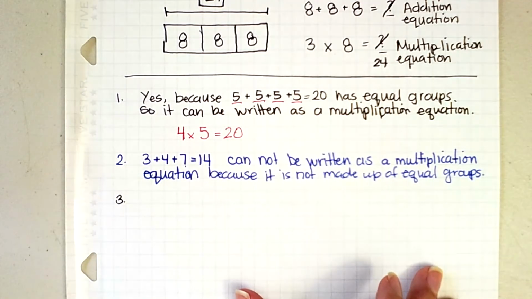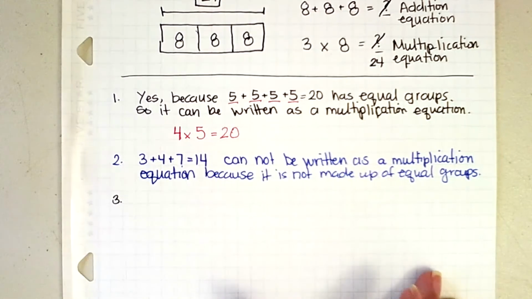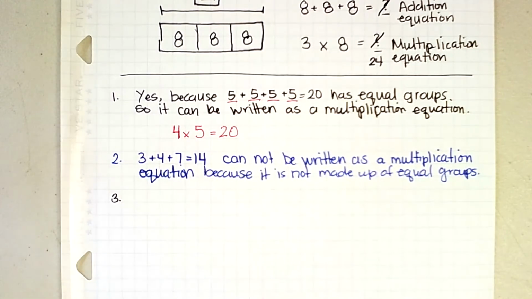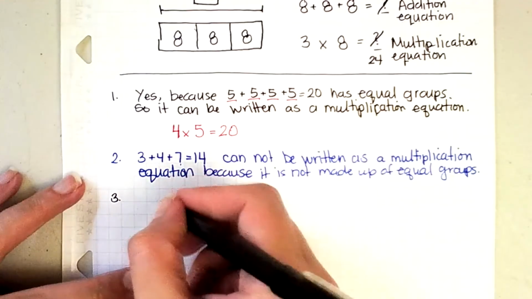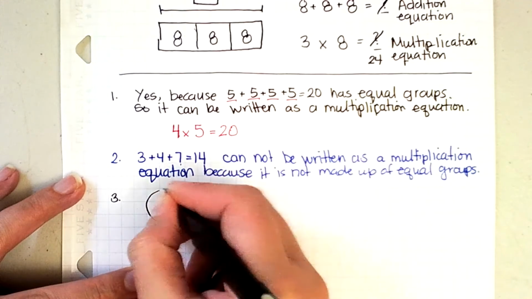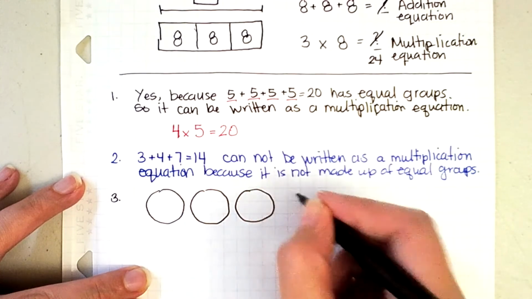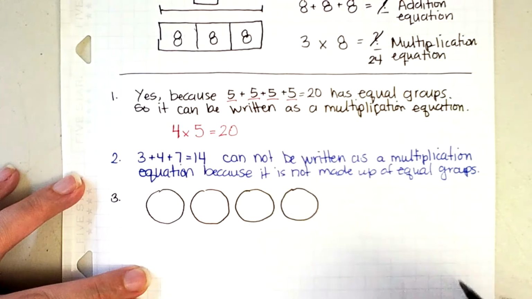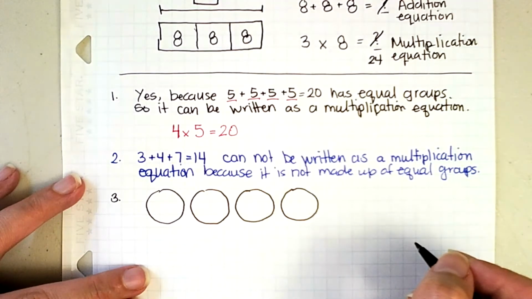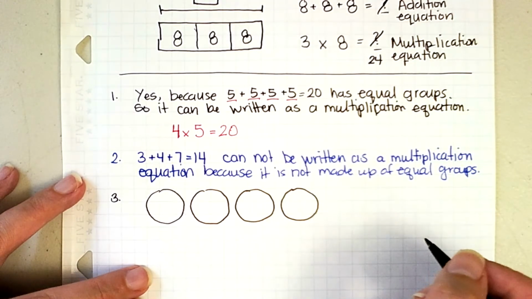Now we know that she bought 4 packages of stones. So let me make these are going to be my 4 packages. And we know that there are 6 stones in each package.